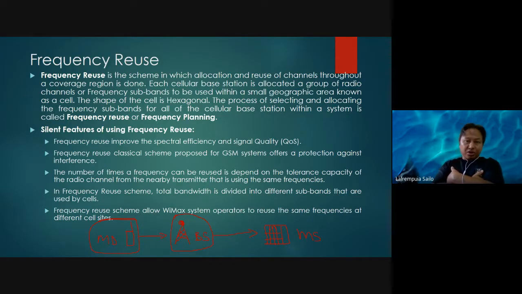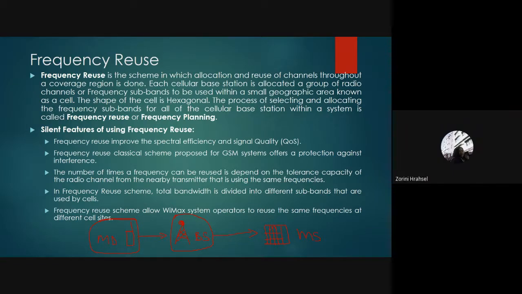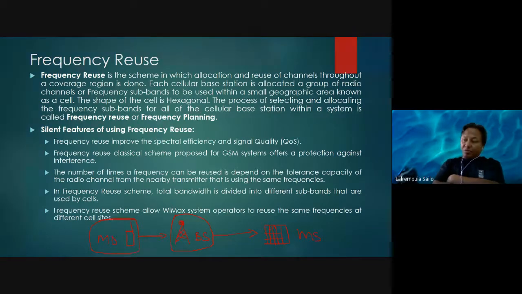Right now, you are also using 4G connections for viewing my lecture, right? So you can send and receive data packets and voice packets, everything through this mobile device using the base stations.